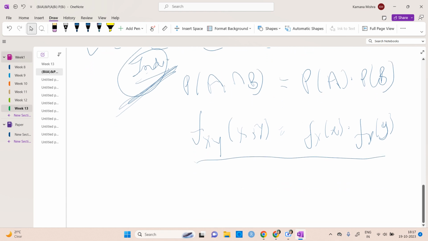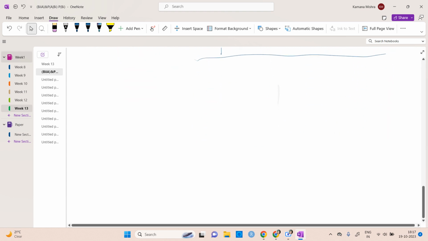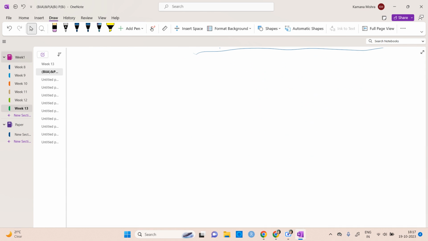Now the next is, I think this one is PDF. I don't think there is anything to explain in here. I can write that we basically divide into two types: one is discrete and the other one is continuous.